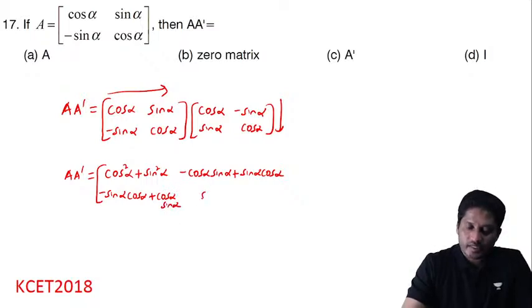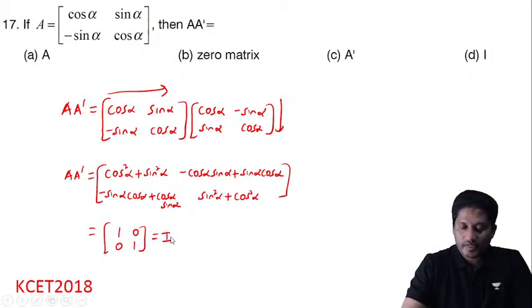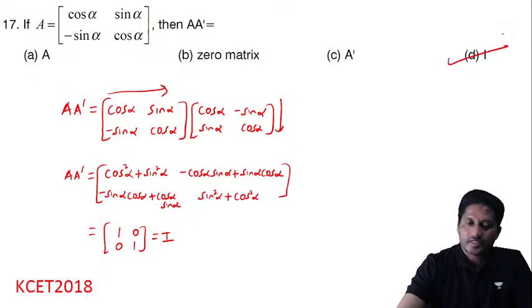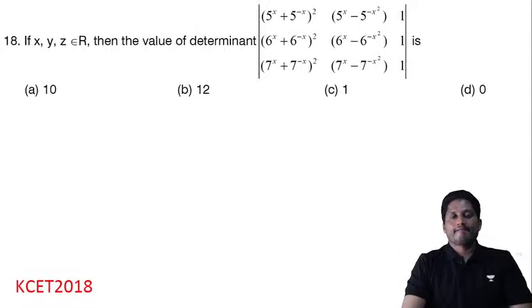And then you will get sin square alpha plus cos square alpha. So you get 1 0 0 1, equal to I. Answer is option D. Let's move to the next question.